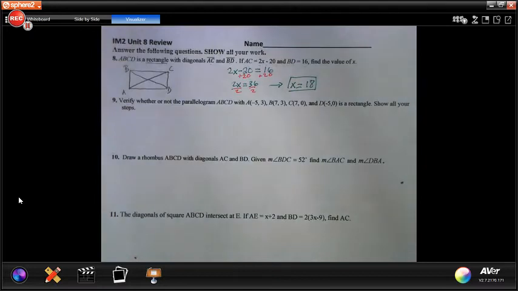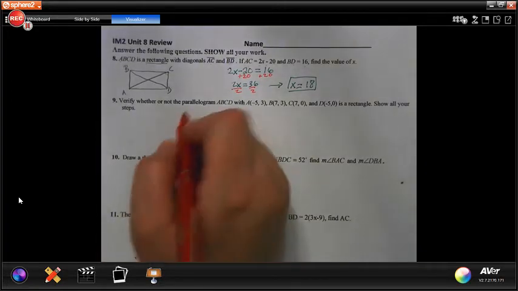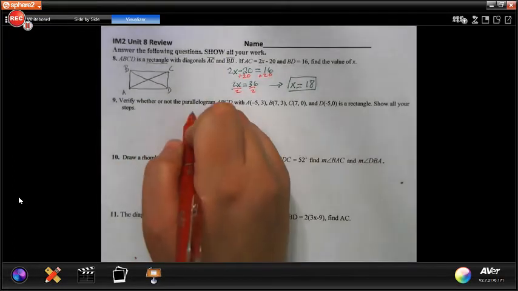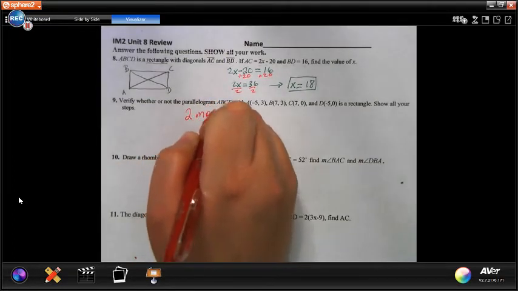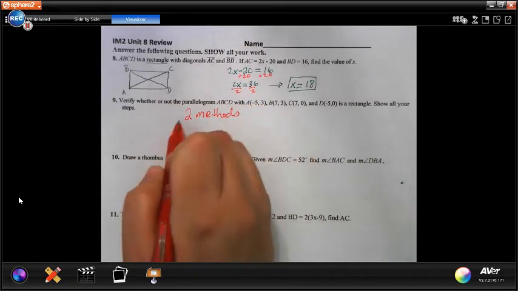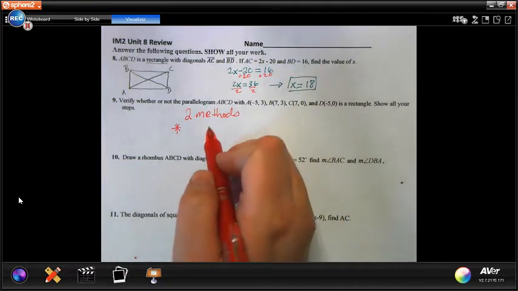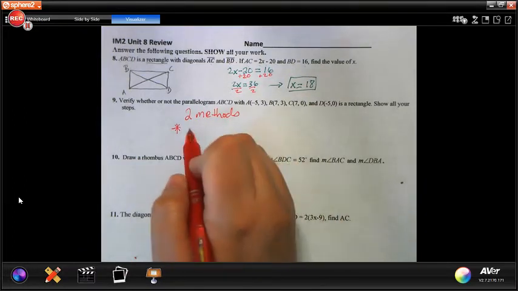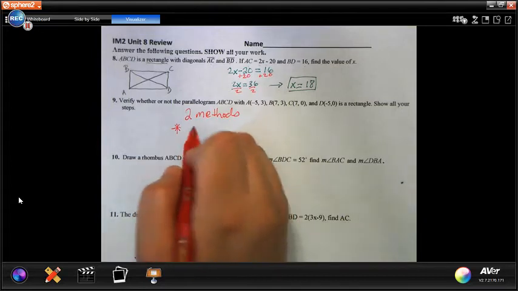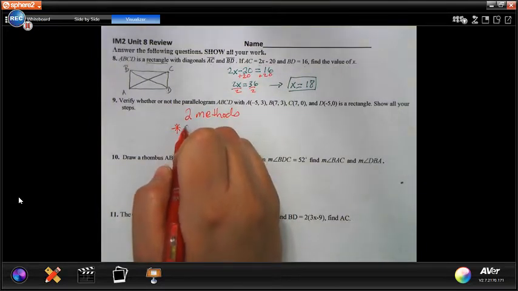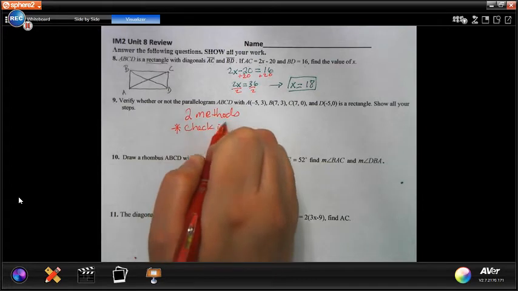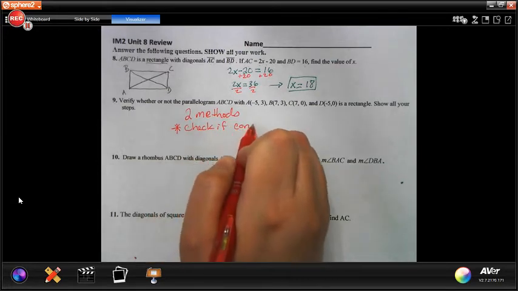So on this video, that's what I'm going to do. Since we're not going to actually have to solve it and find the distance, we are going to just find the two methods. There's two methods. The first method, and I'm getting this from the notes I made from the video for rectangles: check if consecutive sides are perpendicular. Consecutive means next to each other.